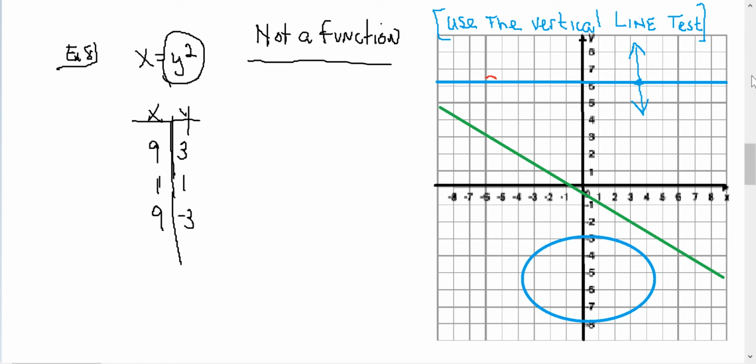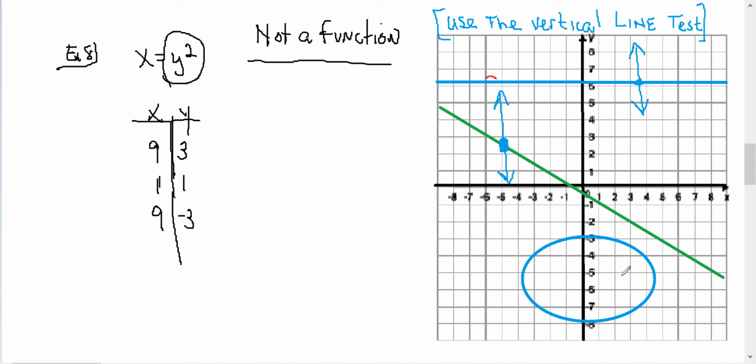I could look anywhere. I don't see anywhere that it would possibly hit it twice. Same thing with the green line. These are all separate graphs now. If I draw a vertical line anywhere on that green line, I can clearly see that it's going to intersect the graph at one point and only one point.